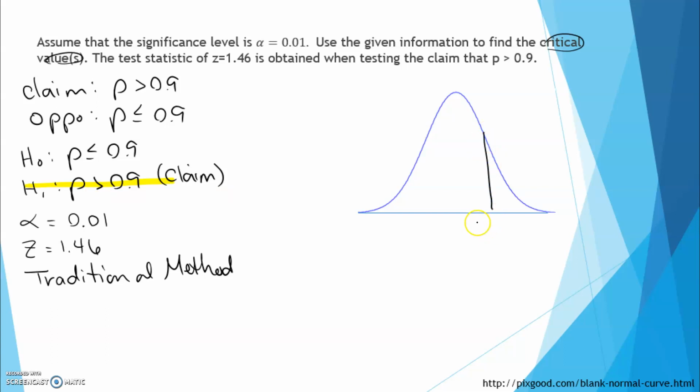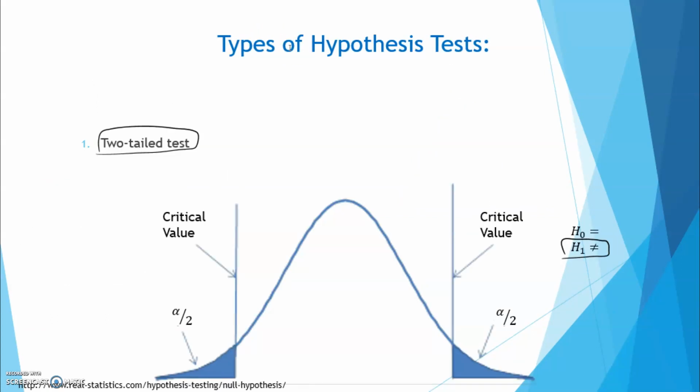Okay, and that will be our test statistic, 1.46. Now we're going to use alpha to find our critical region. Okay, so alpha is always in two tails. If you go back and look at these, here's alpha in two tails right here.